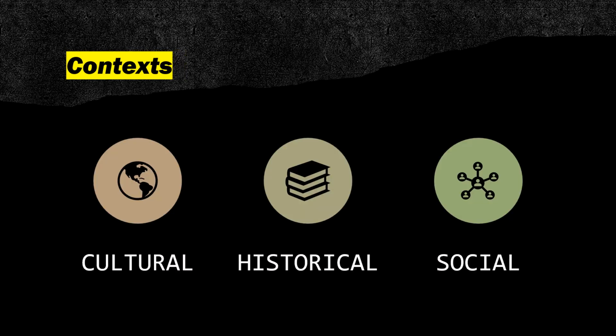Now, let's move on to context. Context is a bit different from time period because context encompasses a broader spectrum, which includes cultural, historical, and social context. This involves considering the author's background, the intended audience, and the circumstances surrounding the creation of the work.